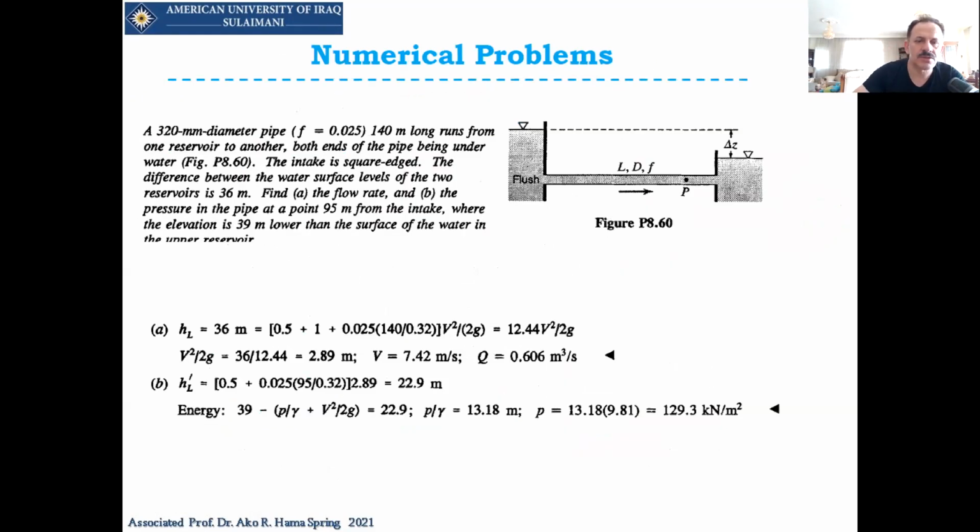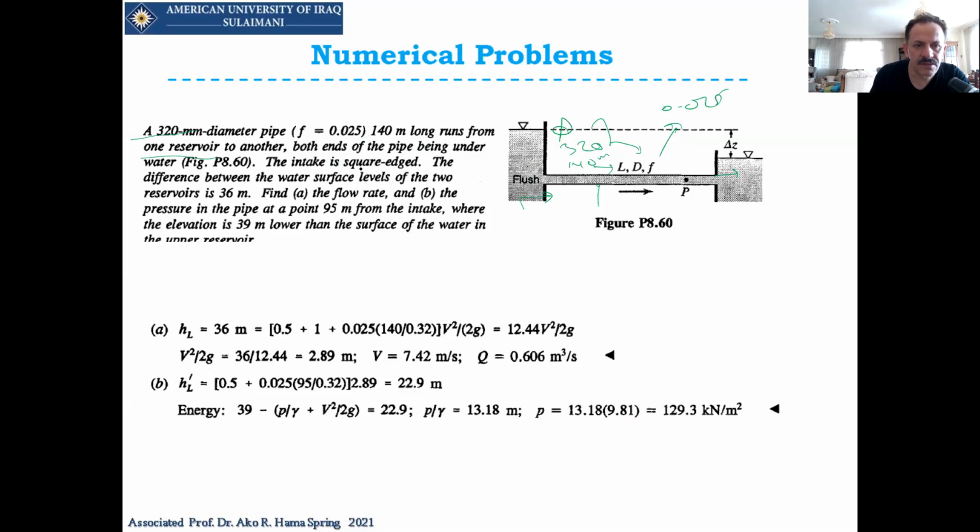I want you just to check the second question. In this second question, I have the head loss. A 320 millimeter diameter pipe, and the length L is 140 meters, and the friction coefficient is equal to 0.025. It runs from one reservoir to another. So we have entrance, we have exit discharge, under the water.